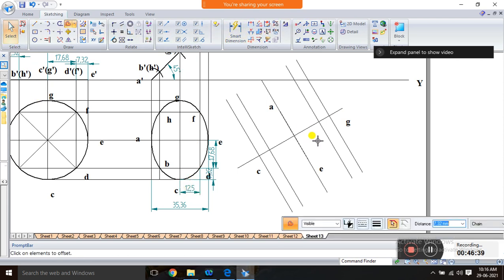Same offset method. So from here it is 12.5. So from here it is 12.5. So from here it's 12.5. Take the same.